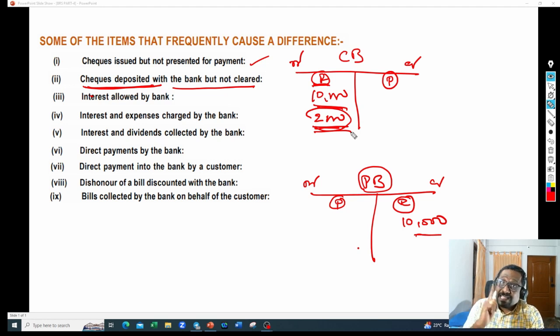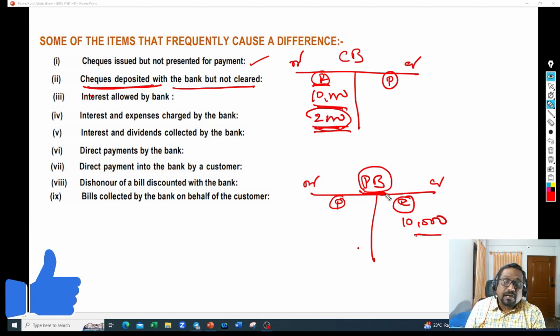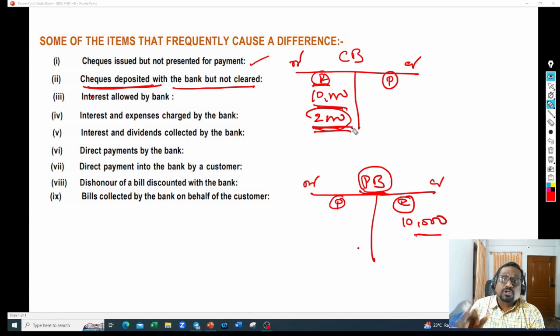The banker did not collect that amount before I started preparing the reconciliation. So obviously that amount wouldn't have been recorded in my passbook. At the time of reconciliation, this amount, whatever I deposited in the bank, was not collected by the banker.